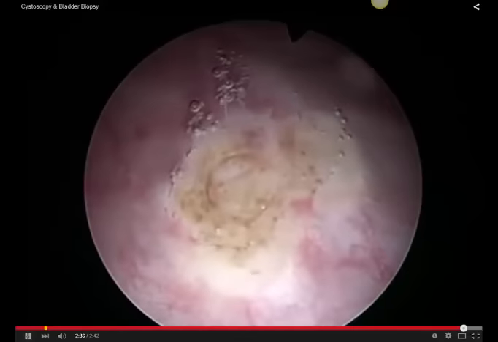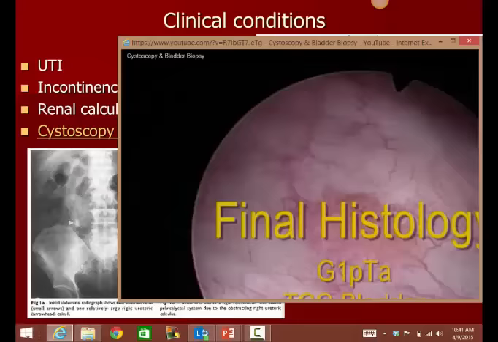You can see that area is cauterized. It'll heal on its own, and you take it out.